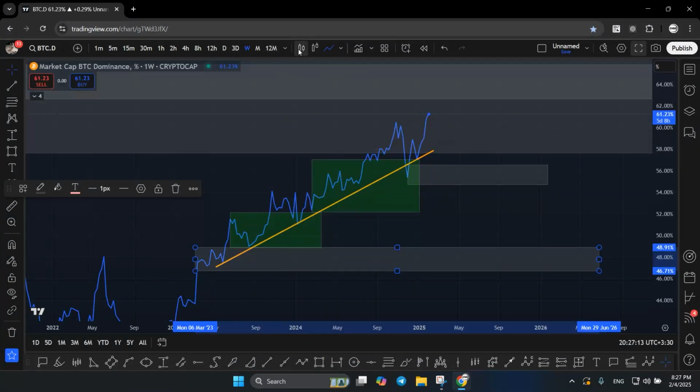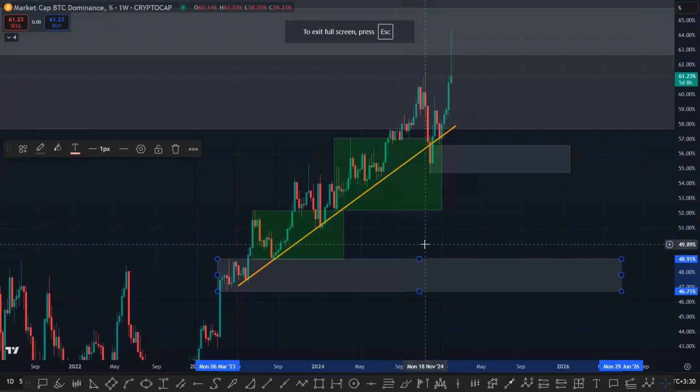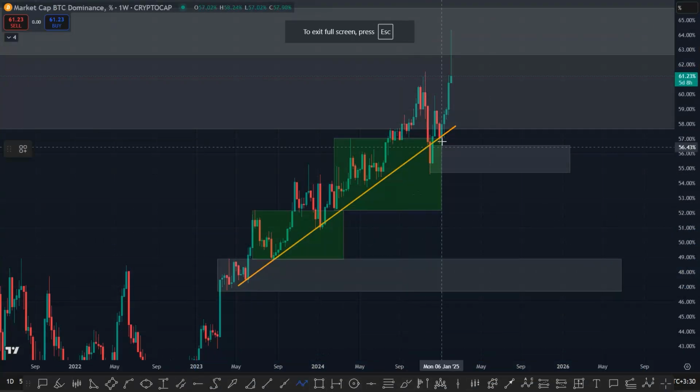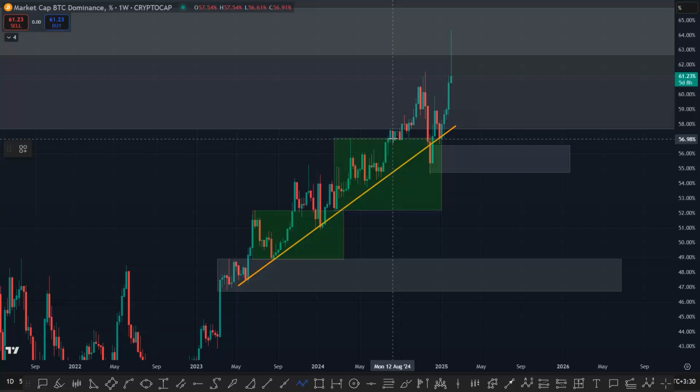Let me change to candlesticks. You can say that this is a provision of liquidity here, for example high, low, higher high, lower low continuation. But I don't see any BOS or break of structure here.